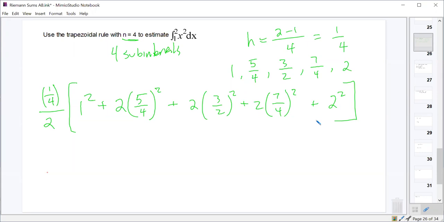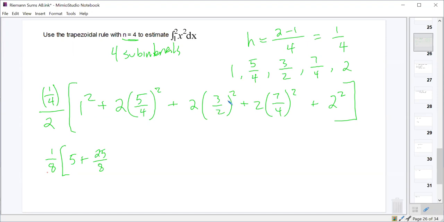Good. And that's all you've got to do, and then you just go in and evaluate it. So 1/8 times, let's see, this is a 1 and this is a 4, so that's 5. And 25/16 times 2 is 25/8.